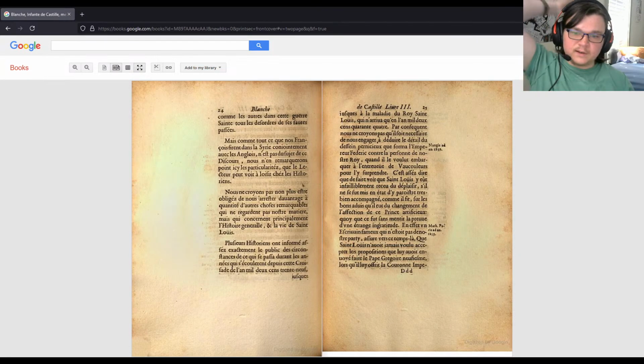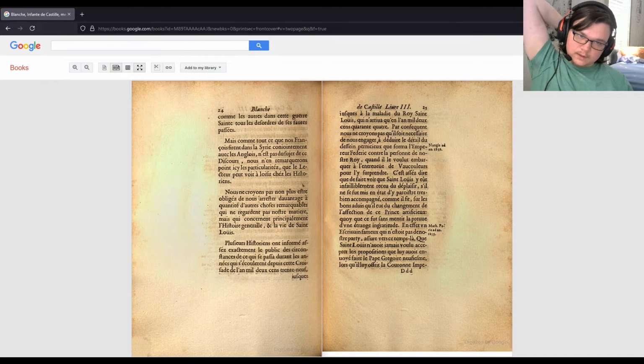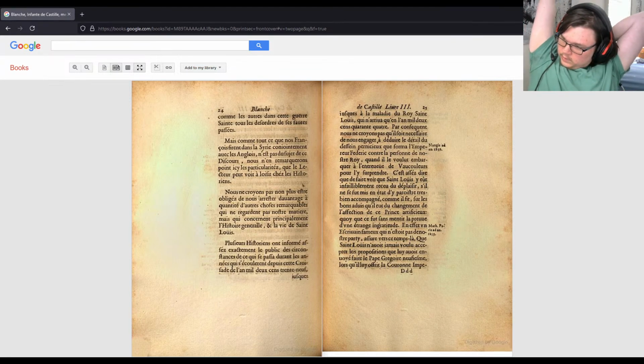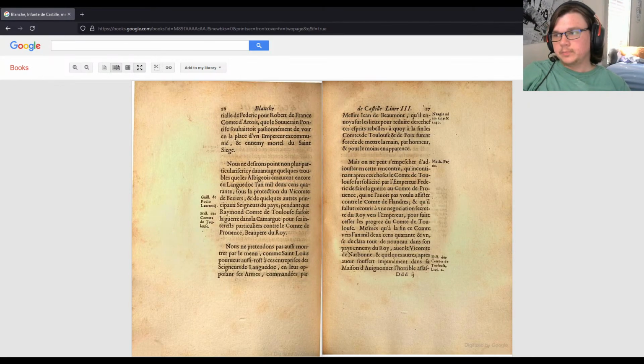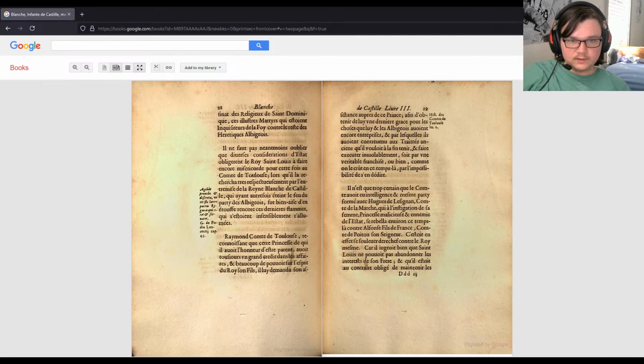I think this just might not be the right book for this. Maybe they just don't talk about that as much. I think they said something about her as a mother, so maybe they're just not talking about that part as much. Maybe this is mainly just her as a political entity, and so that's just not really the focus here. Or it's in a different place, because it's huge, this book is.